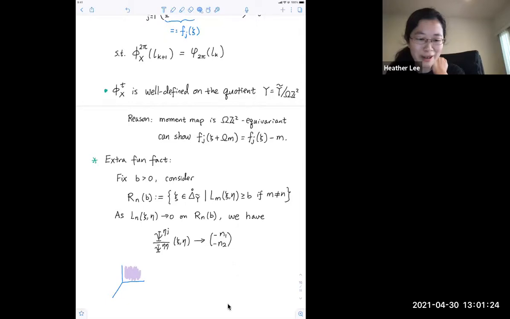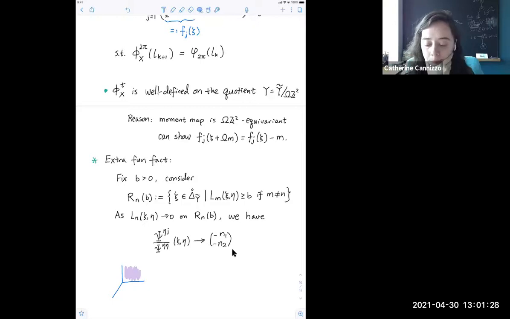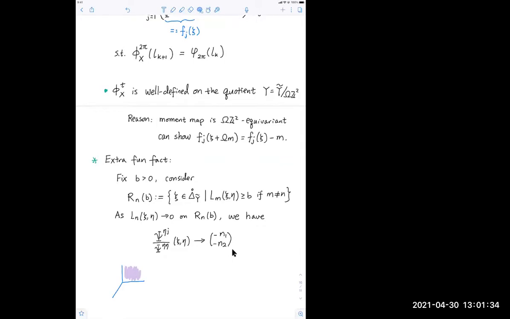What about you, Catherine? Which involution are you talking about? So you're studying the genus 2 curve on the B side. Yeah, that's right.